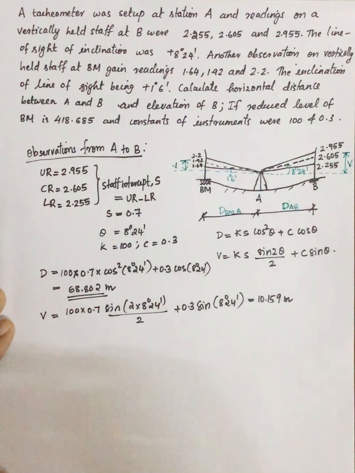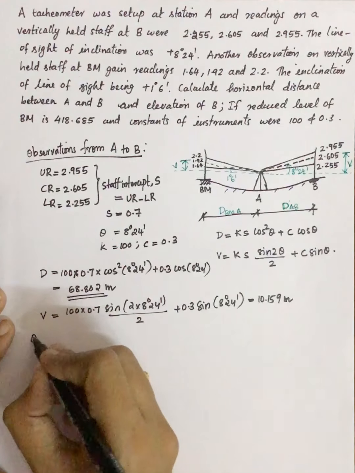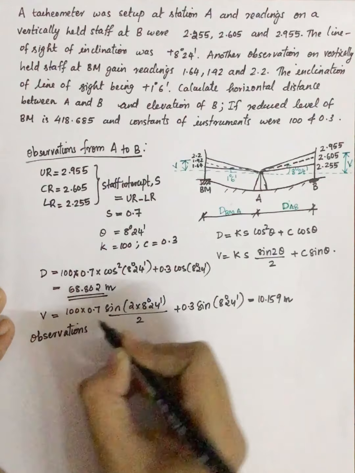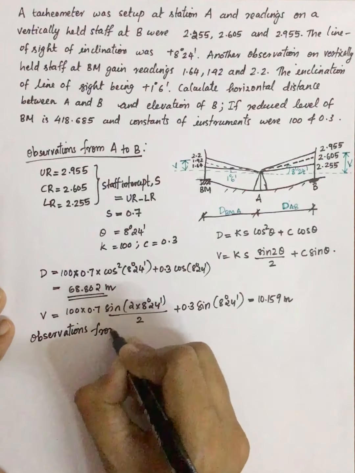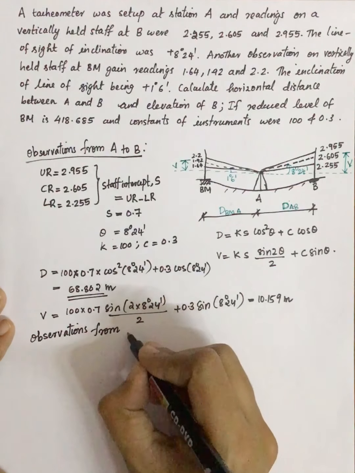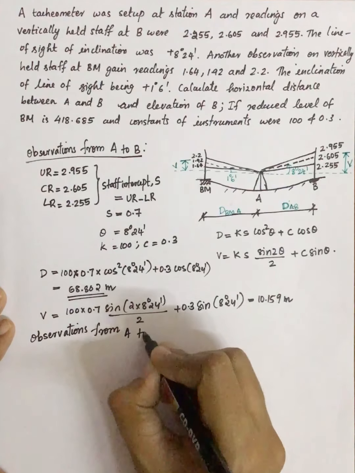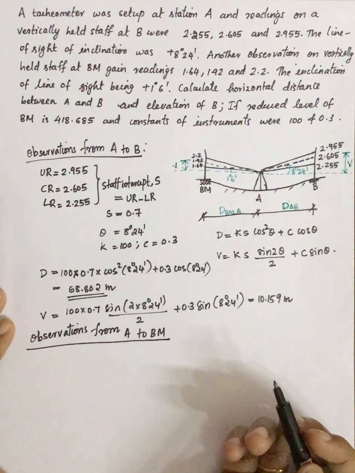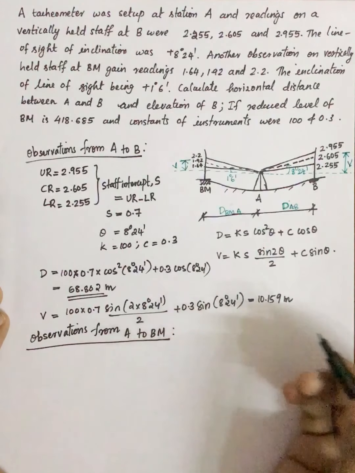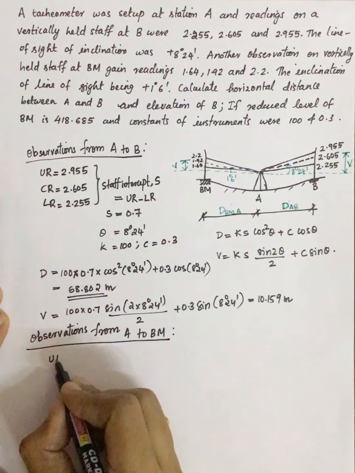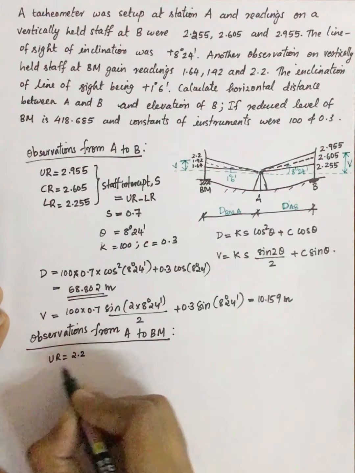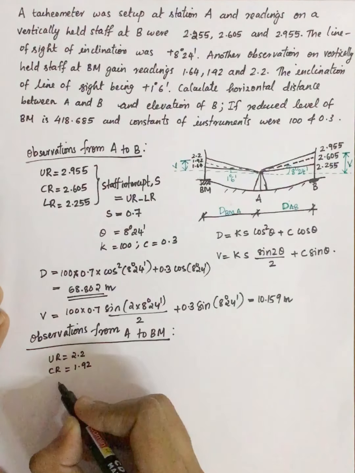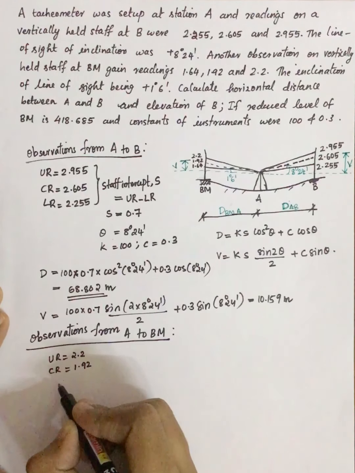Okay, let us repeat the same steps for the observations from A to benchmark. How much is the upper reading? Upper reading is 2.2. Central reading is 1.92. Okay.